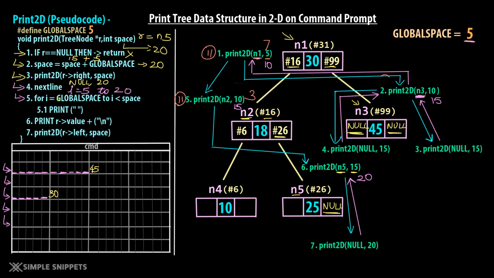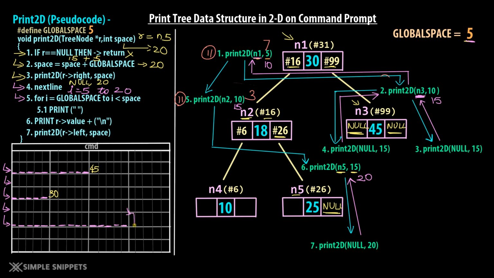So this time we are going to run this for loop 15 times, because from 5 to 20 we have 15 numbers. So let's add 15 spaces at this horizontal line. So we have 1, 2, 3, 4, 5, 6, 7, 8, 9, 10, 11, 12, 13, 14, 15. Now our cursor is going to be at this location.